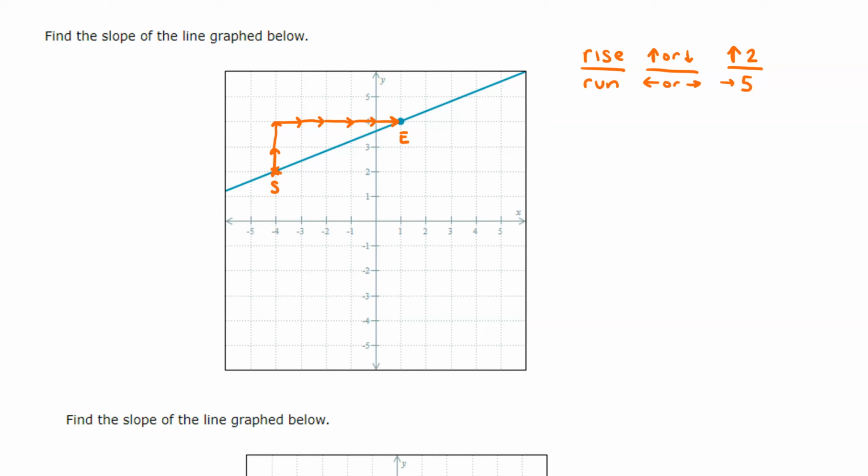So I've got everything that I need, and I just have to attach my pluses and minuses. So on a y-axis, positive is up. So this is positive 2 over. And then on the x-axis, moving to the right is the positive direction, so positive 5. So the slope on this guy is positive 2 over 5.